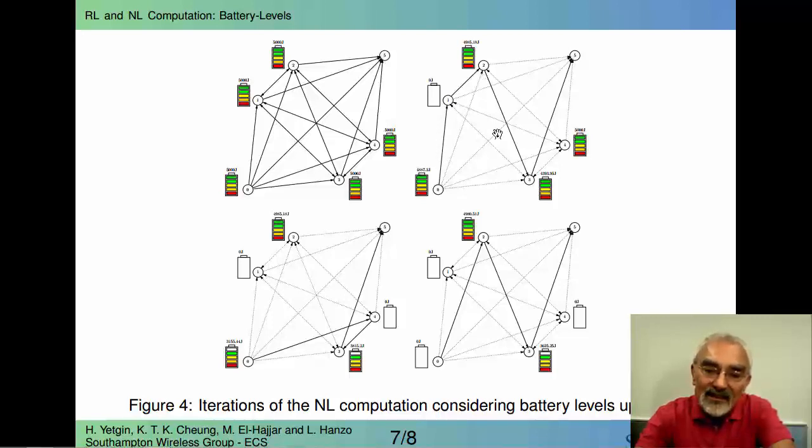So the continuous lines indicate the valid and potentially available routes, whereas the dotted lines represent those routes that are no longer valid or available. And so here at the bottom right hand corner we can see that the moment the source node's battery has been depleted, then the network lifetime has been exhausted.